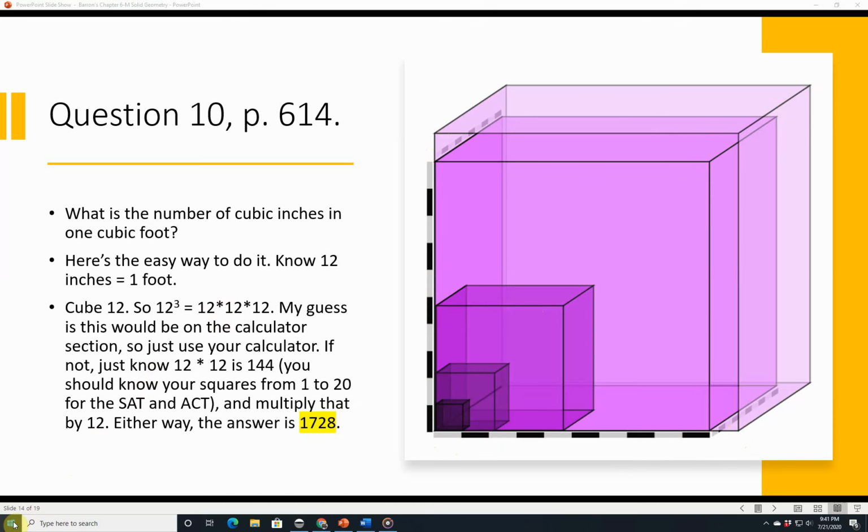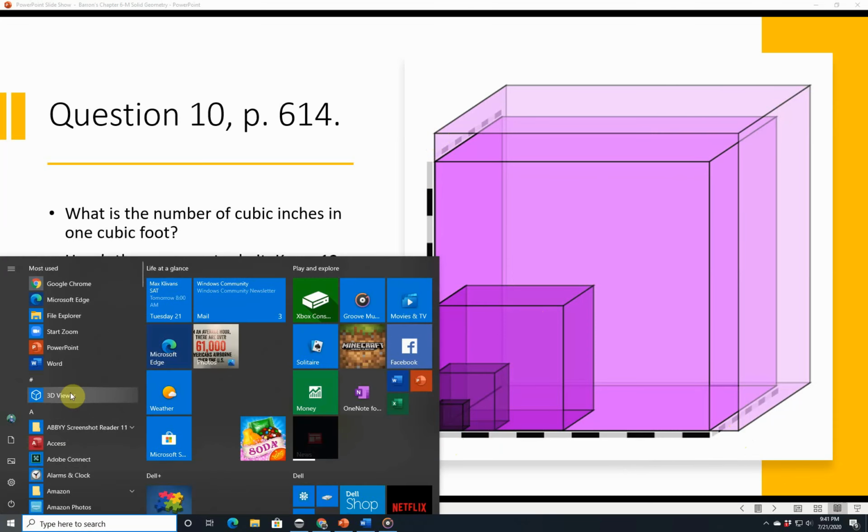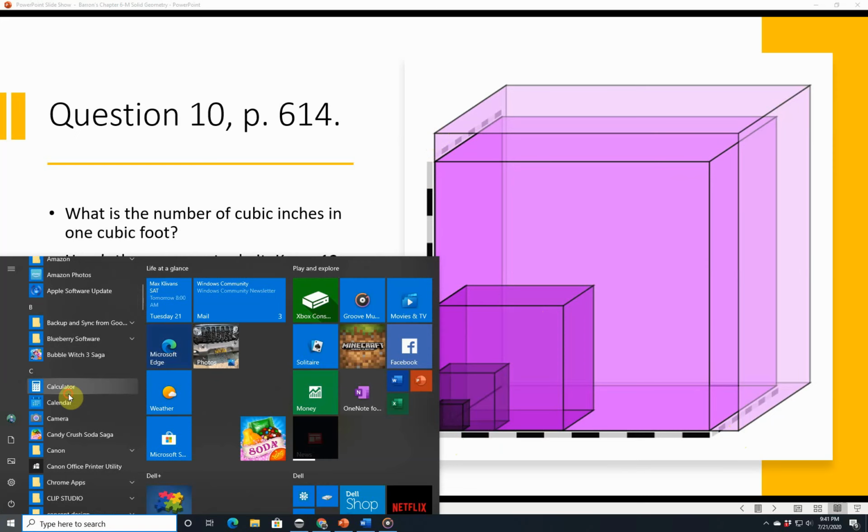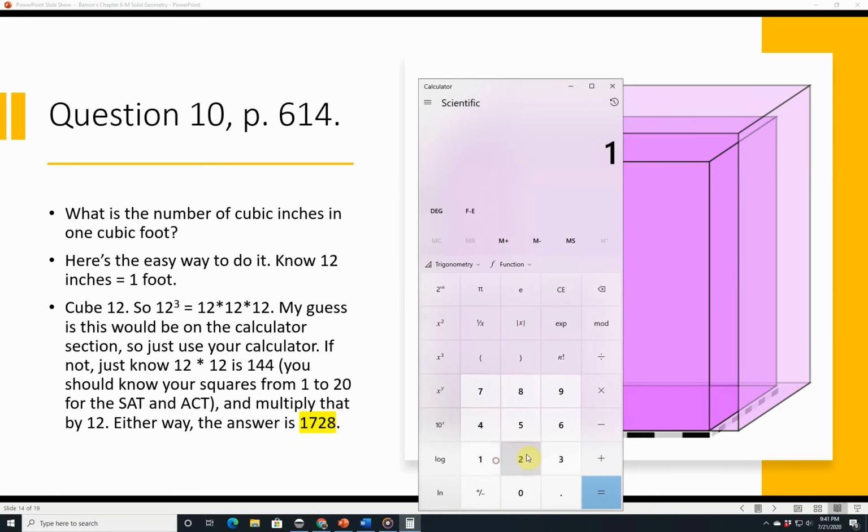My guess is this would be on the calculator section, so you can just go 12 and then hit the cube button, and it's 1728. If you're feeling insecure, maybe you have a 4-function calculator, you can go 12 times 12 is 144, times 12, and you'll get 1728.